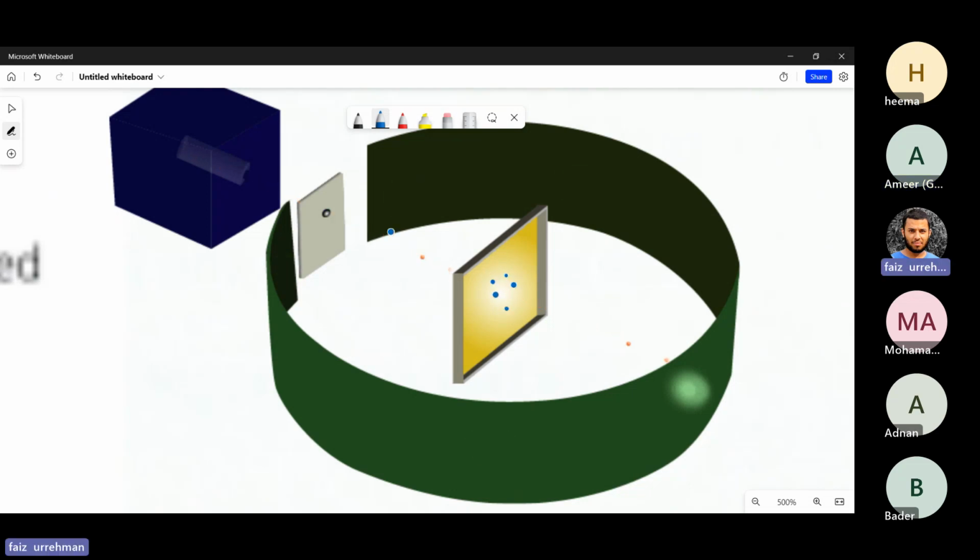I will use a different color. For example, the gold foil is yellow, so I will use yellow. So you have these positive structures. Now, when this gun is hitting positive guys, and this particle is near a positive one, it will not go straight, it will be deflected. Why? Because of repulsion.